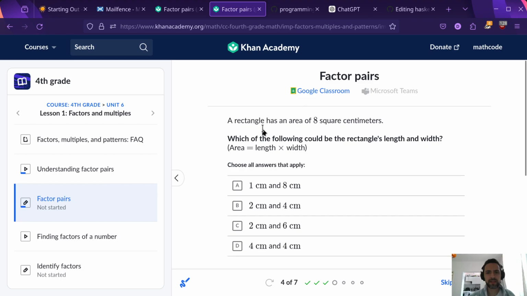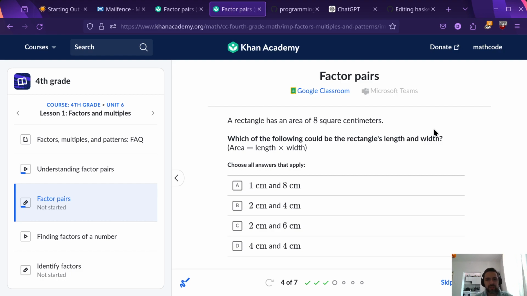A rectangle has an area of 8 square centimeters. Yeah, so there's mixing here. Which of the following could be the rectangle's length and width? Area is length times width. Choose all answers that apply. Oh, these are the factors, actually.